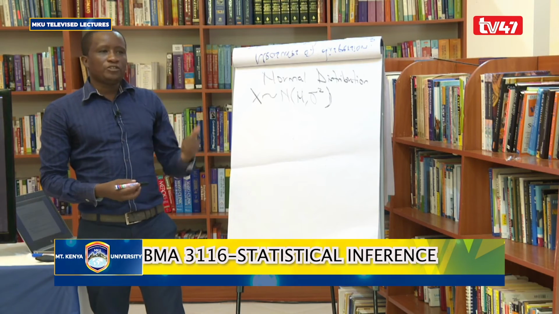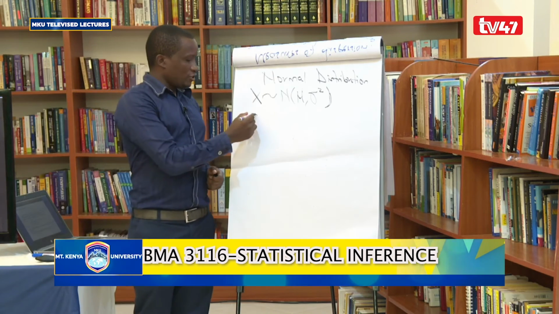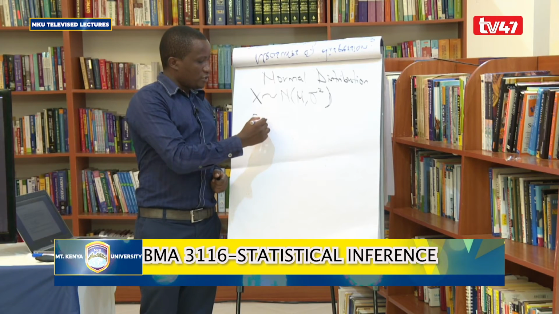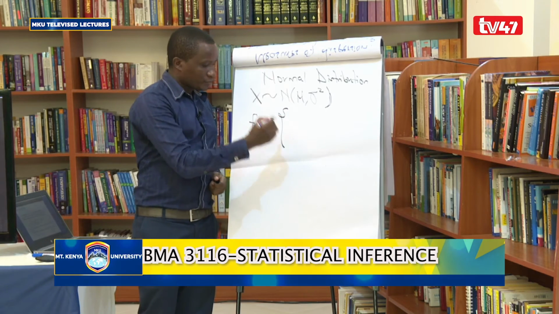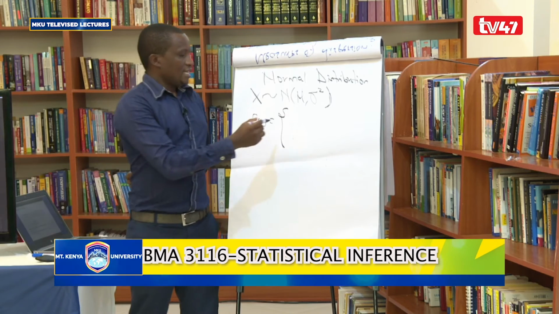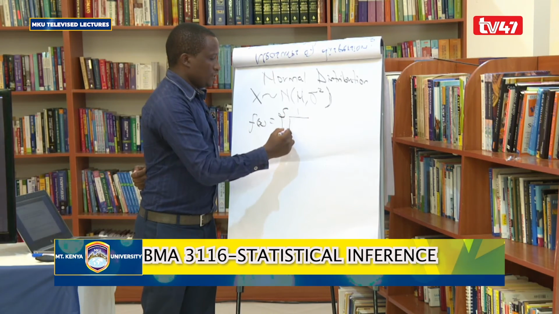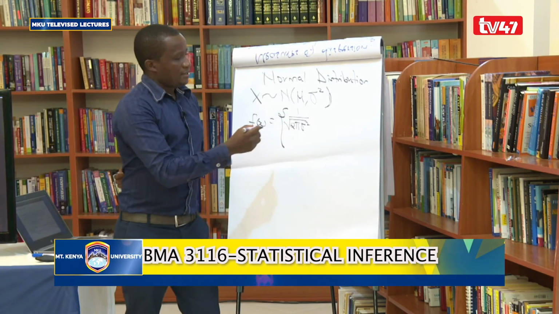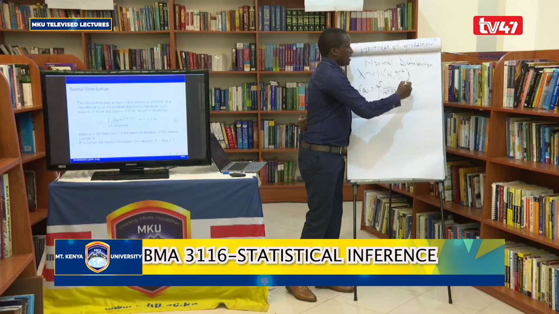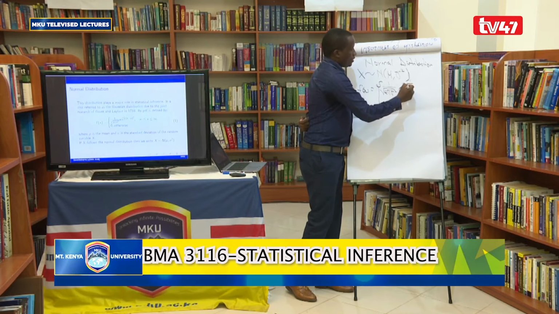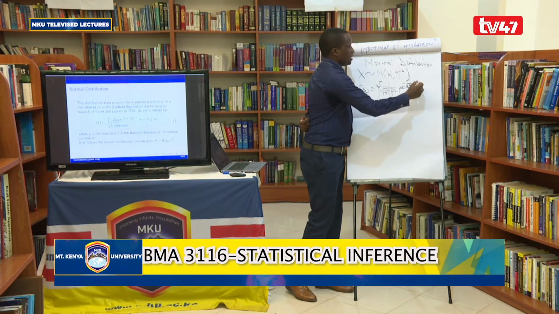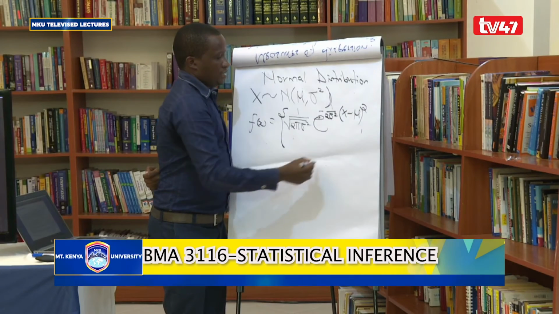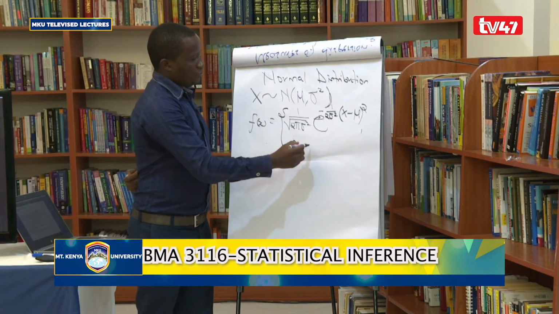Now, the functional representation of the normal distribution is such that f of x is equal to 1 over square root of 2 pi sigma squared, then the exponent of negative 1 over 2 sigma squared times x minus mu squared.